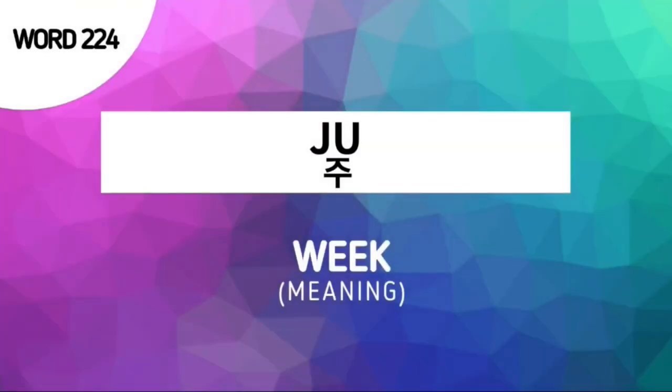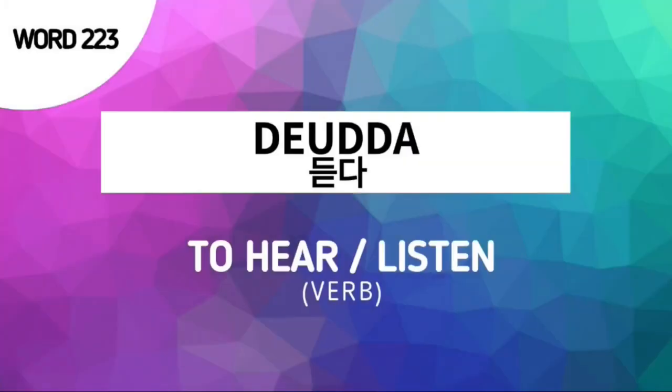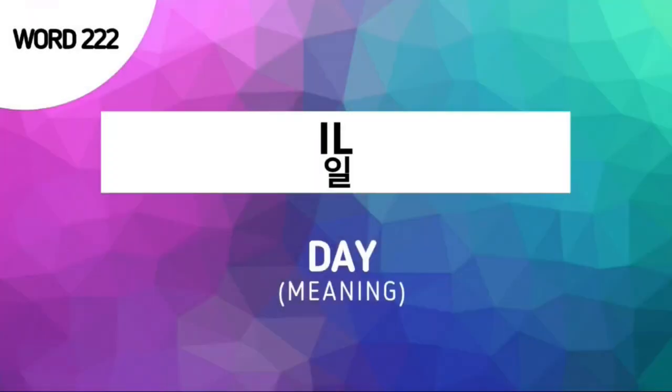Word number 224 is tu, which means week, as indicated on the calendar. Word number 223 is tuta, which means to hear or listen, and this is a verb. Word number 222 is il.